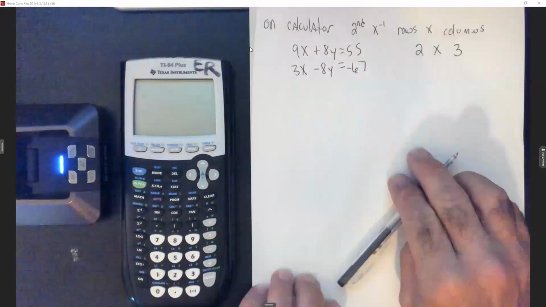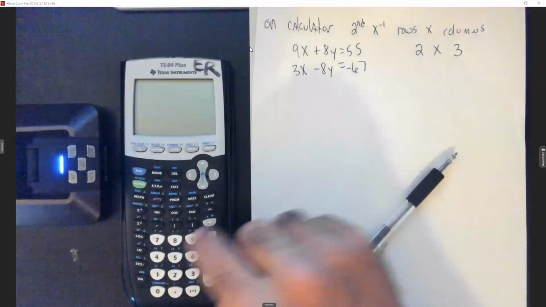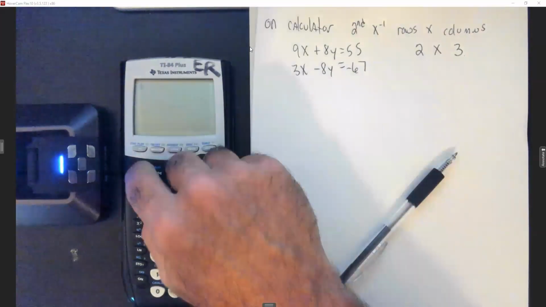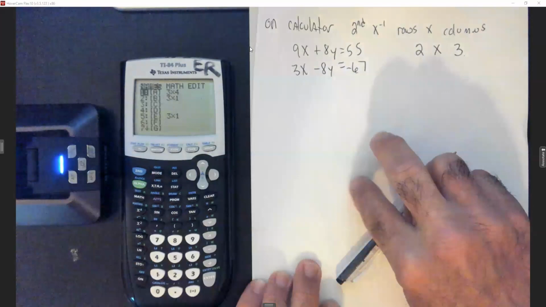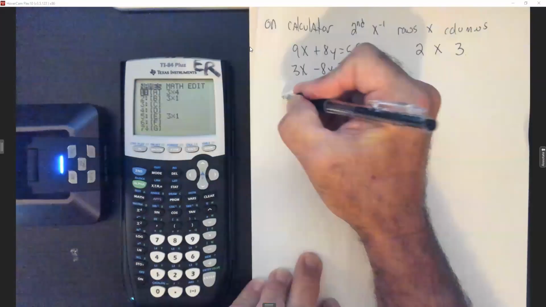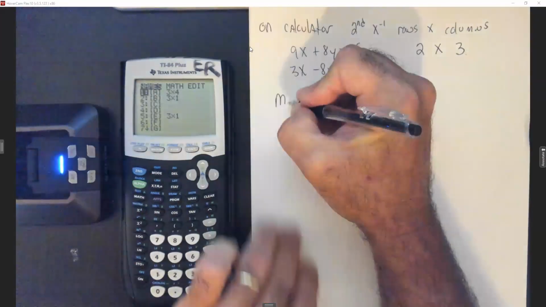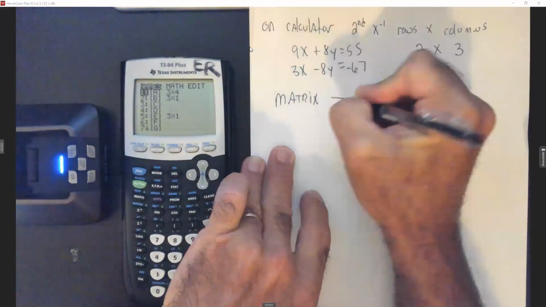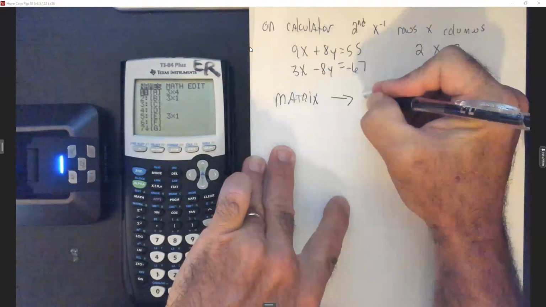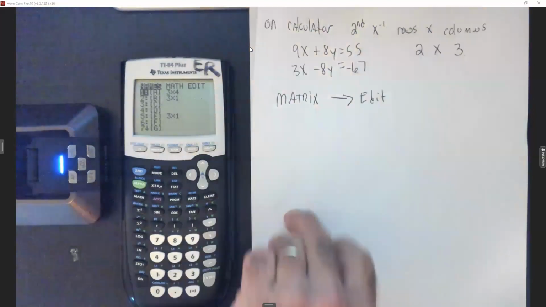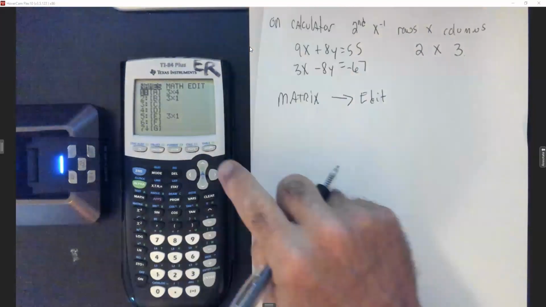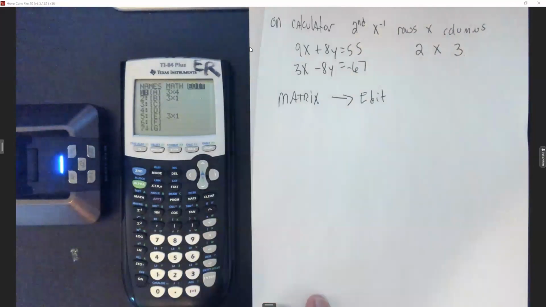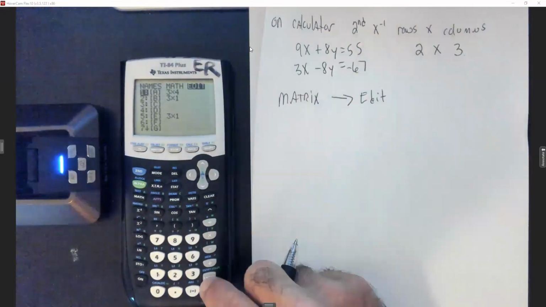The first thing I'm going to do is hit second x -1 to bring up the matrices. The first thing we want to do when we're in the matrix is go over to the edit button. So arrow right till you get to the edit button, and then I'm just going to hit enter on A.